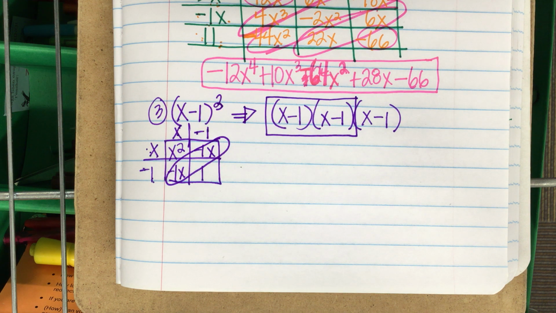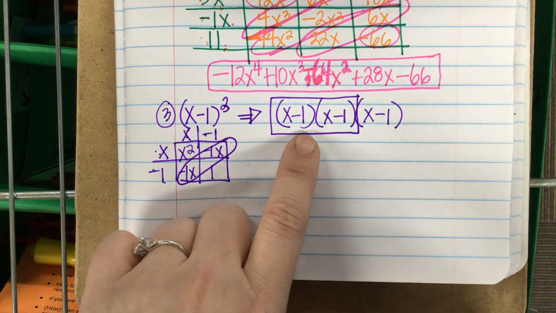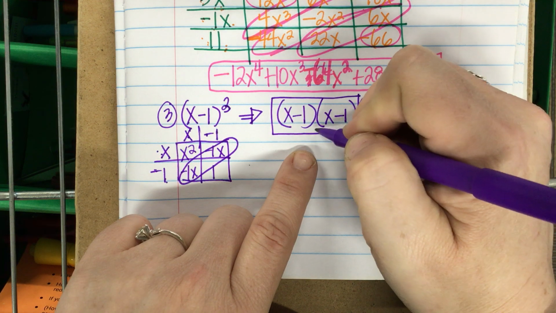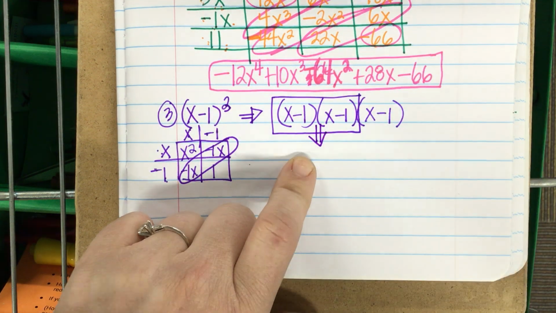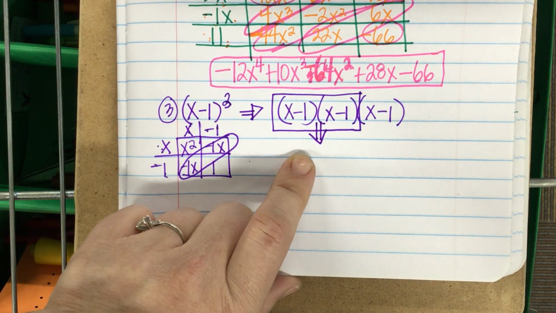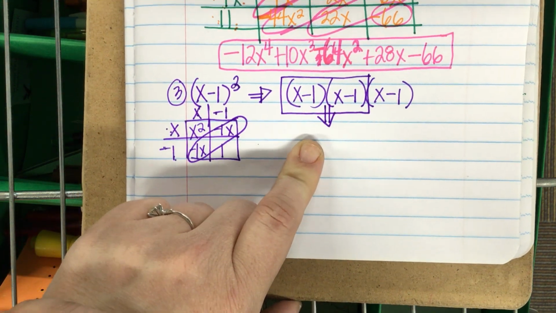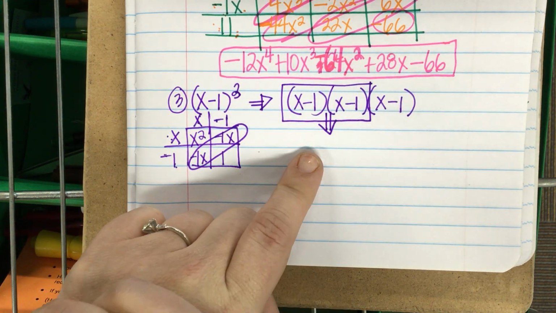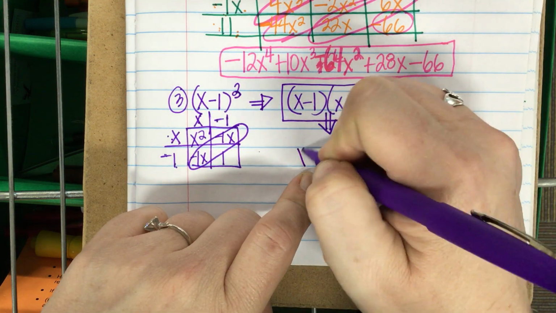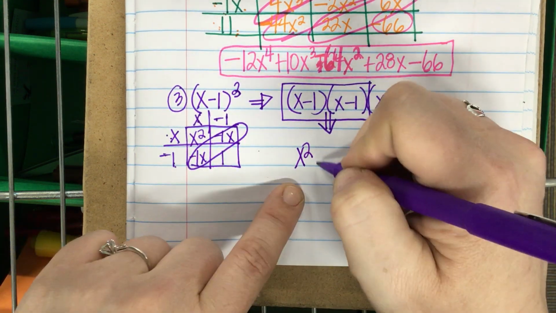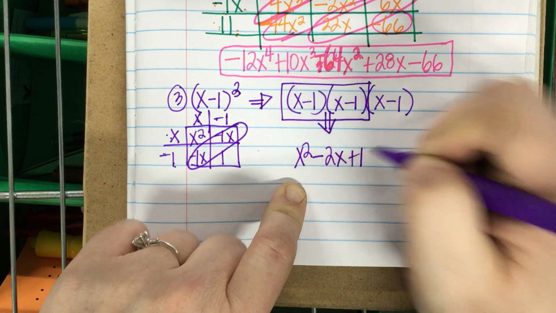What's the solution to x minus 1 times x minus 1? Yes. x minus 1 times x minus 1 is x squared minus 2x plus 1.